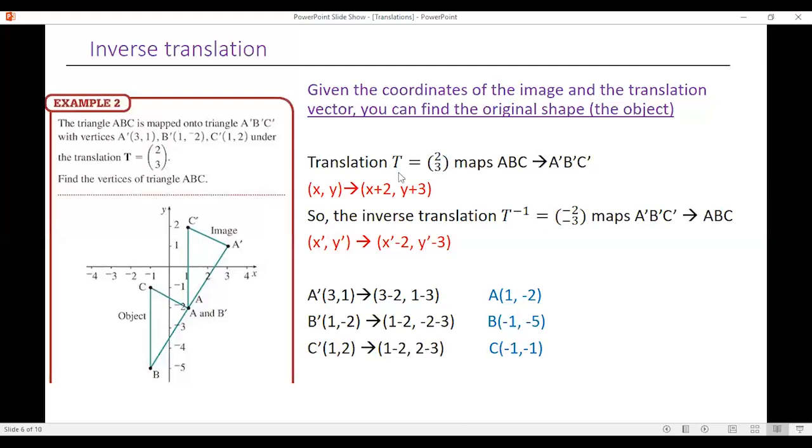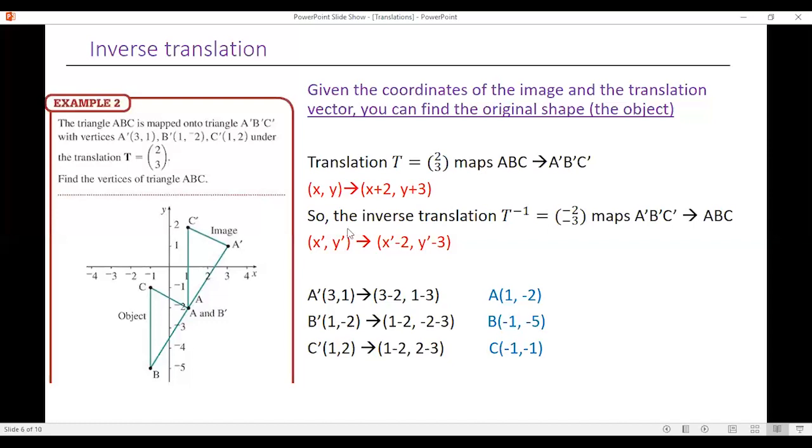Translation T with coordinates 2 and 3 maps triangle ABC into triangle A prime, B prime, C prime, where all x and y coordinates become x plus 2, y plus 3.